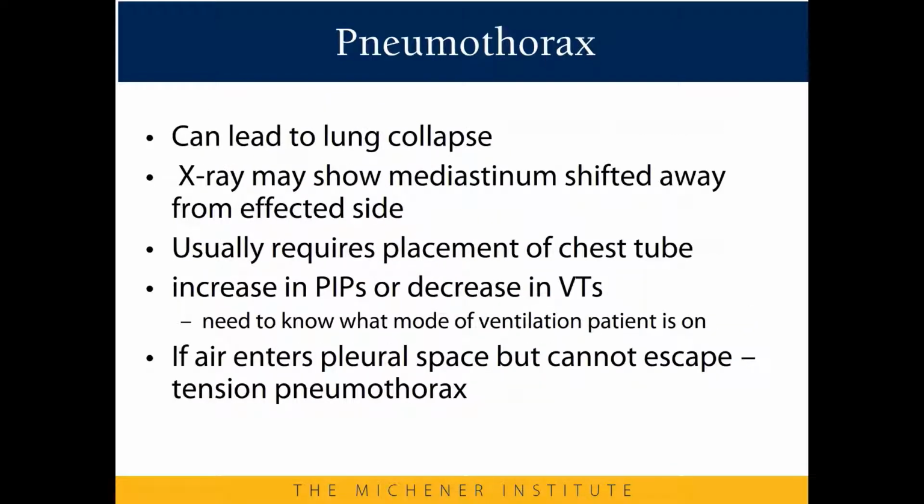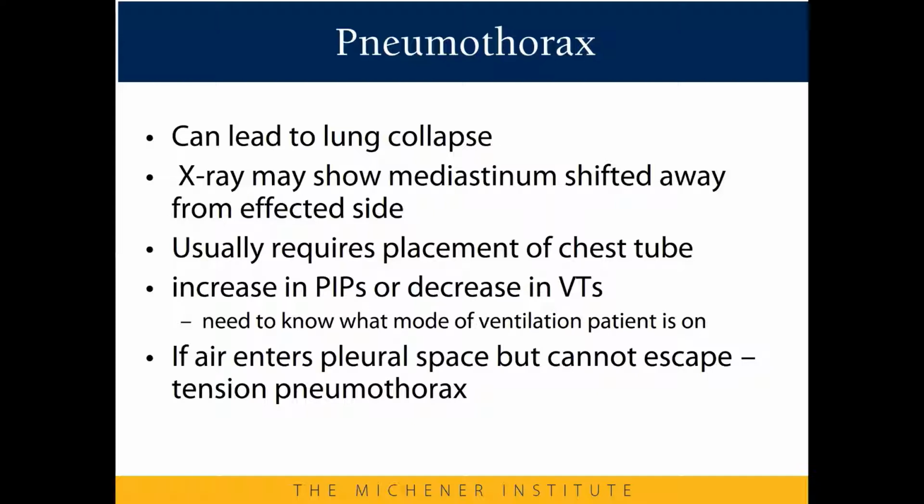The next one was our pneumothorax, and this can lead to partial lung collapse or full lung collapse. Initially, if it's a mild pneumothorax, you may not see huge changes in ventilation, but as the pneumothorax grows in size, we will have issues with our ventilator.